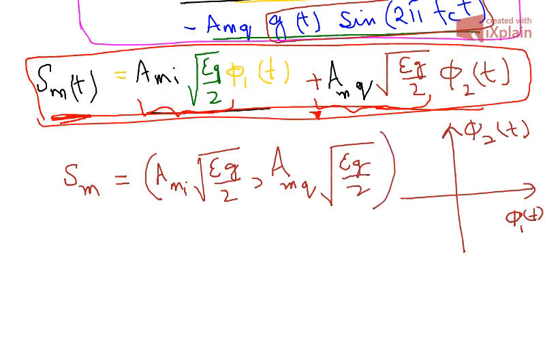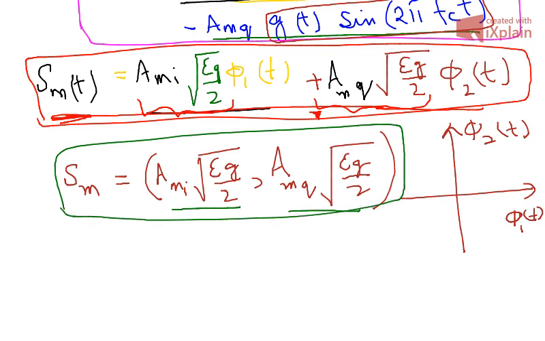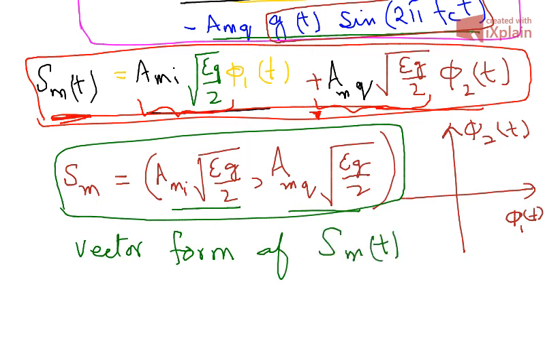So in the vector form we have two coordinates. This is the vector form of Sm of t.